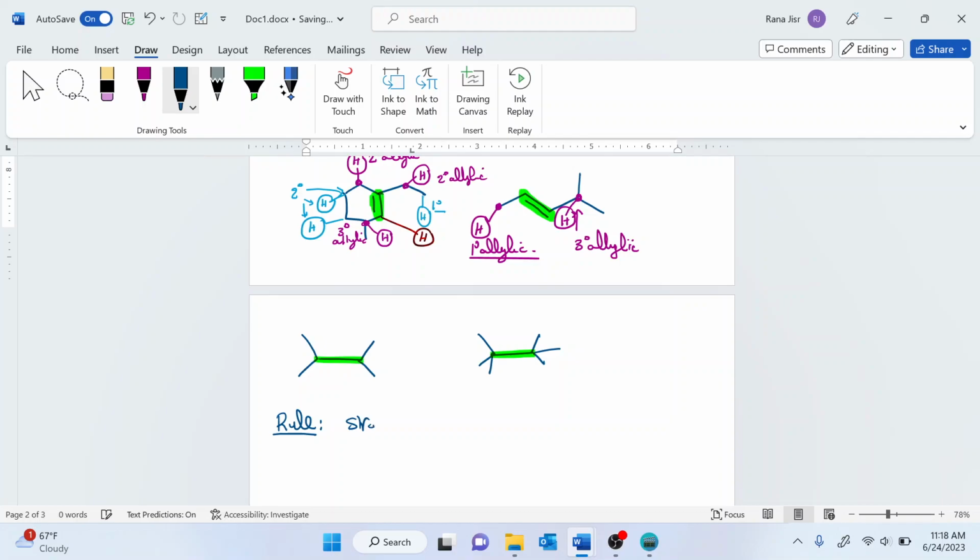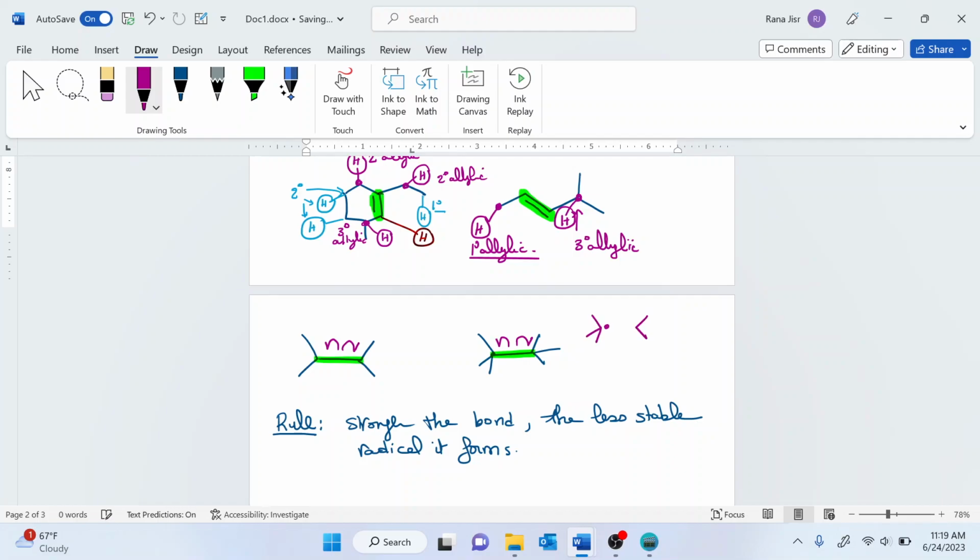So all you need to do is a homolytic cleavage and see the type of radical generated by that particular bond. Over here, I have a tertiary radical generated.